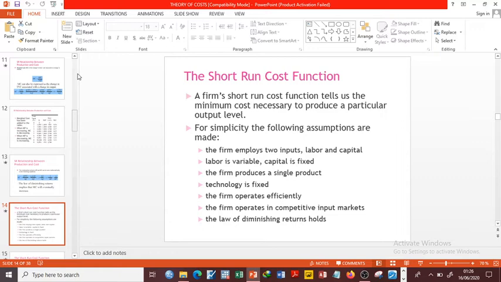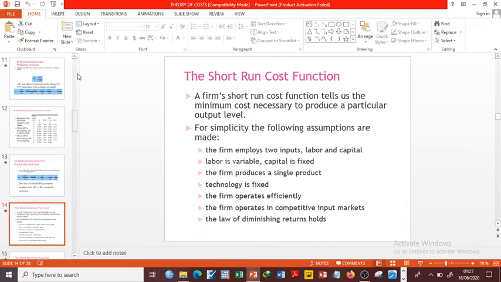So for simplicity, in the short run, we have assumptions that we do assume. We assume that the firm employs two inputs, and these inputs will be labor and capital. The labor can be in form of the employees or the workers, and the capital could be in form of the machines, or it could be in form of the amount of money that you start with when you are starting a business.